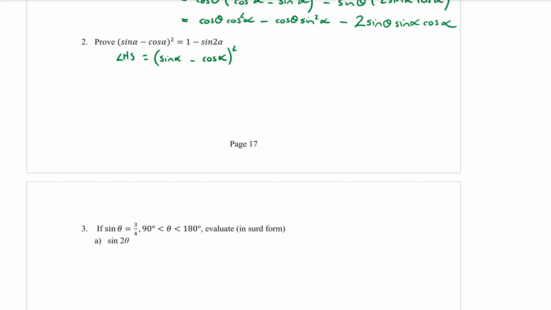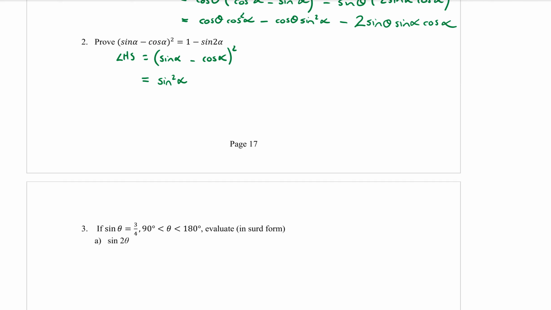Okay, so there's no formulas that we can use yet, but we can expand that bracket. Okay, so expanding in brackets with the squared up there. The short method to expand that would be to times the sine alpha by itself, which would become sine squared alpha. Then you would have double the two terms times together.